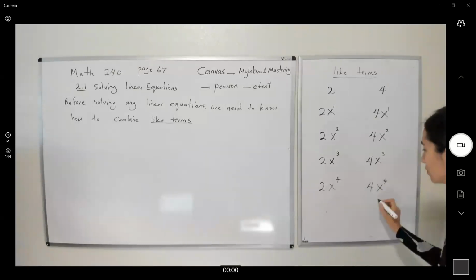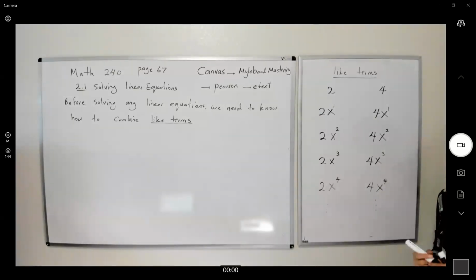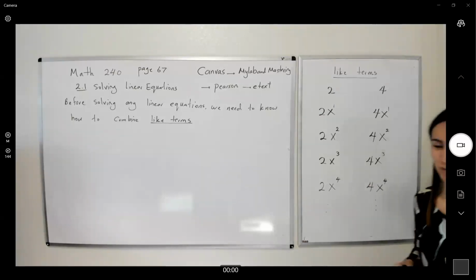You can continue this process. When you're solving a linear equation, your goal is to combine like terms. You might have an equation with degree 2, or degree 3, degree 4, and so on. Eventually, you have to be able to combine like terms.